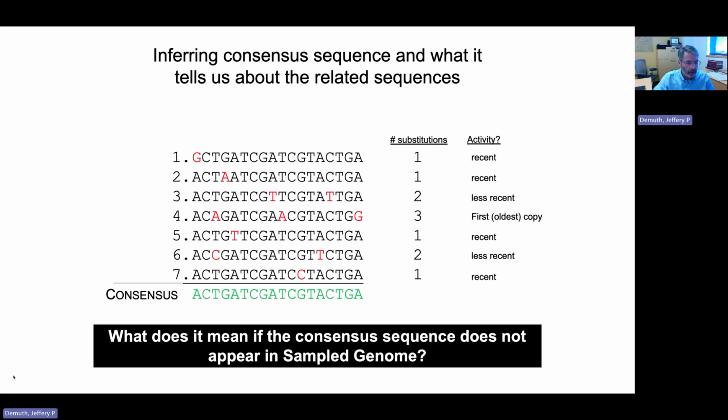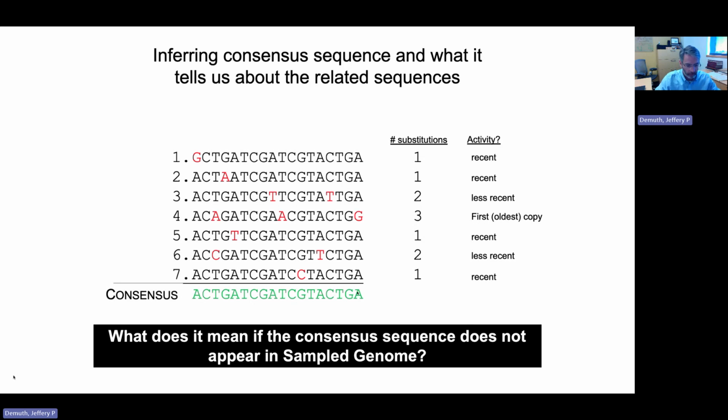What does it mean if the consensus sequence doesn't appear in the sampled genome? So we pulled these 7 sequences, none of them match the consensus. You can pause and chew on that for a second, but what it means is none of them are active, right?